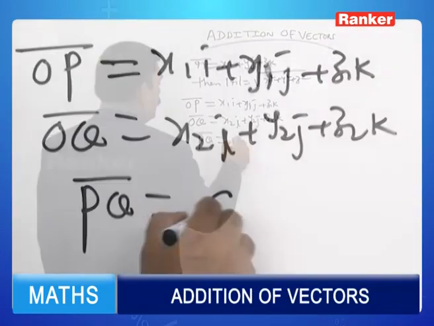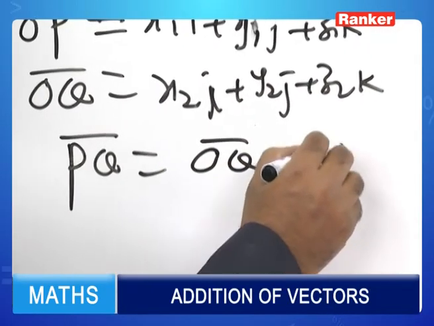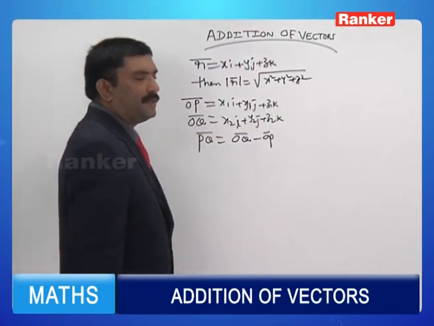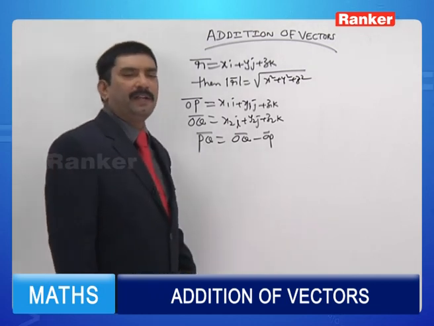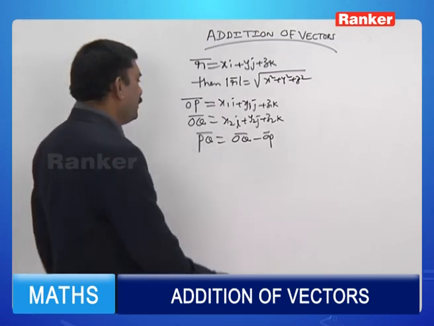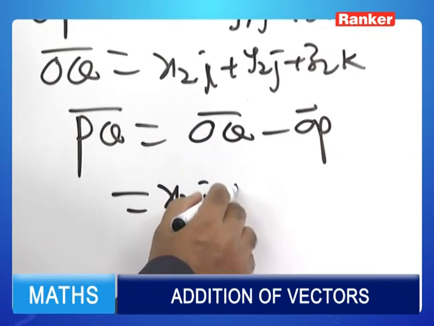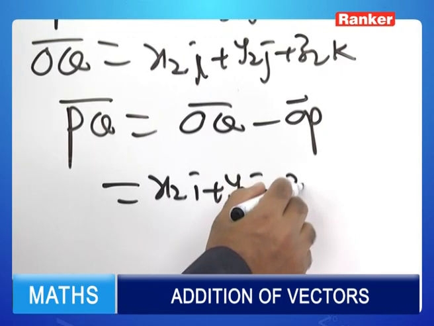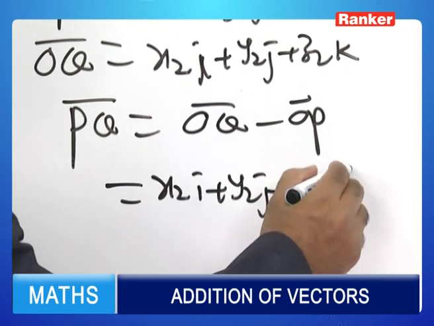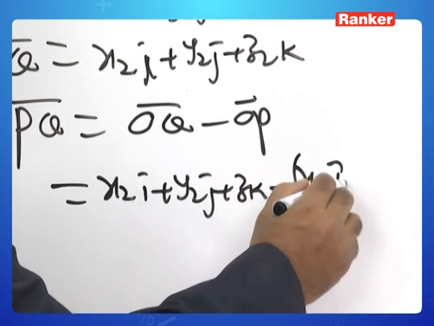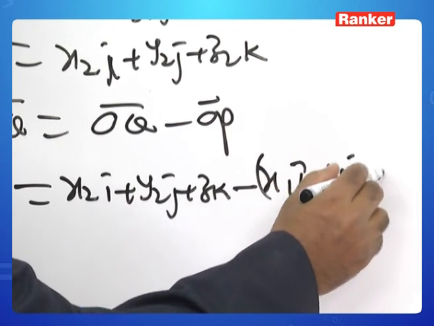So PQ bar is OQ minus OP, the position vector of the terminal point minus the initial point. Now I can write this as x2i plus y2j plus z2k minus x1i plus y1j plus z1k.